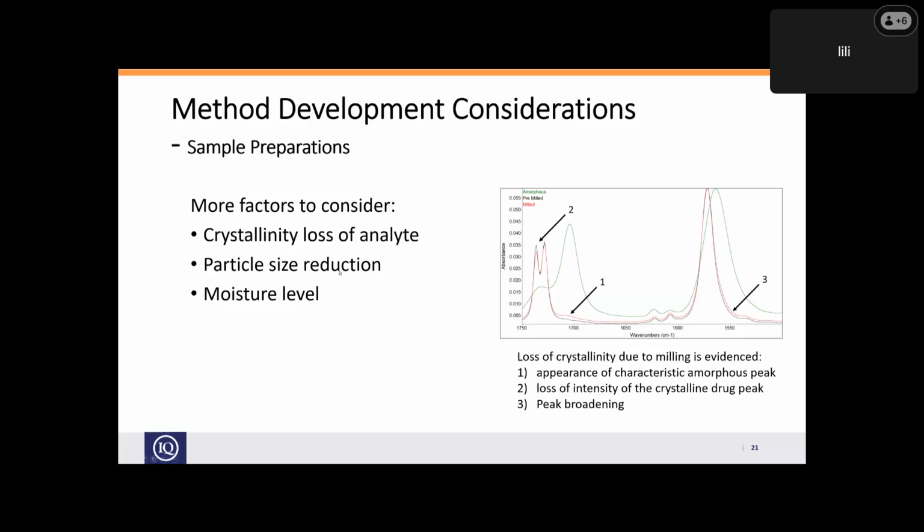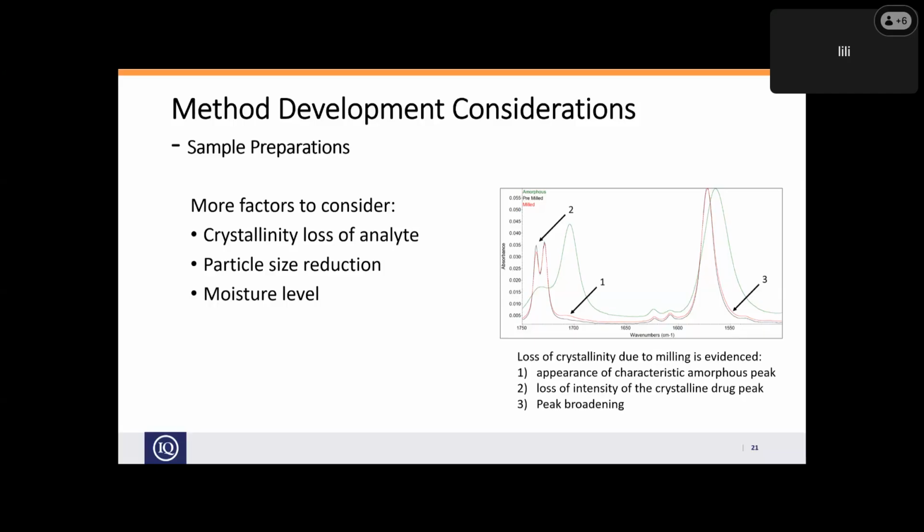Another factor we actually touched upon earlier as well: the particle size of the drug substance, or even sometimes the excipients, may need to be controlled. A lot of times the reduced particle size can help control the uniformity of the reference sample preparation, and this will help with the method performance in the long run.